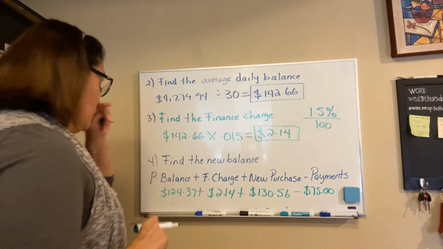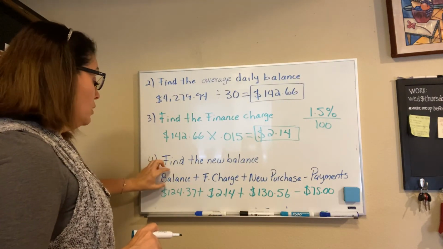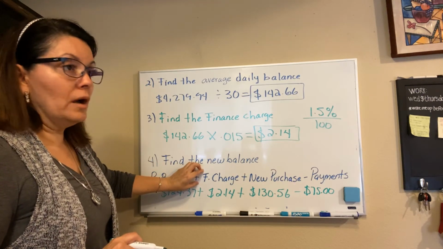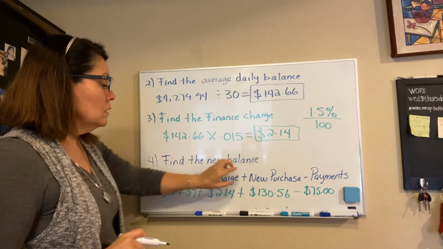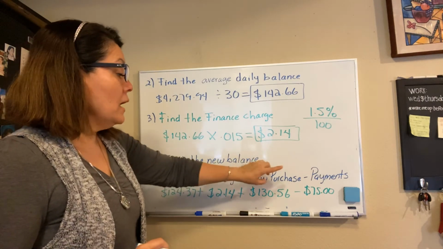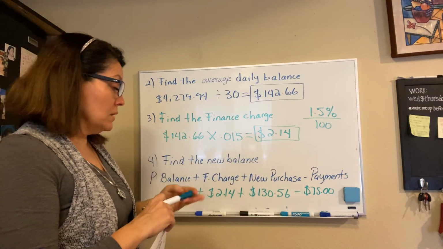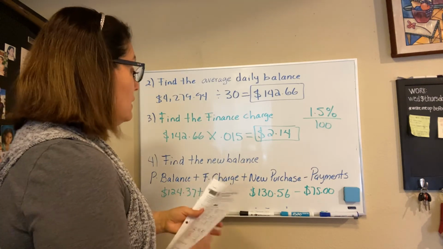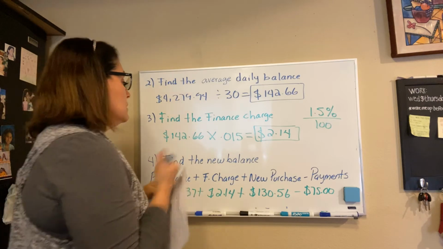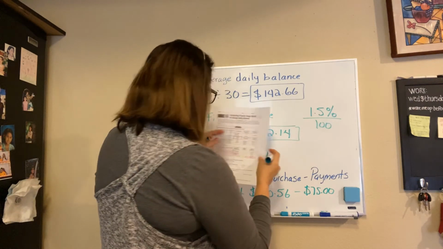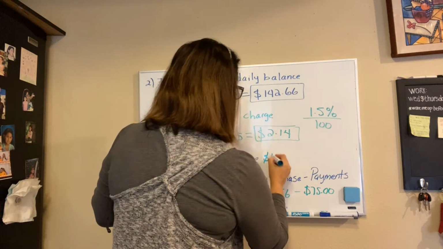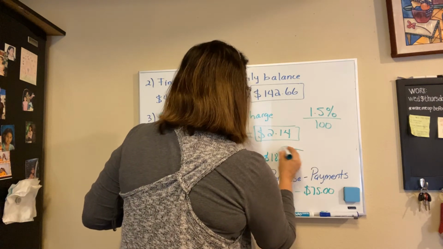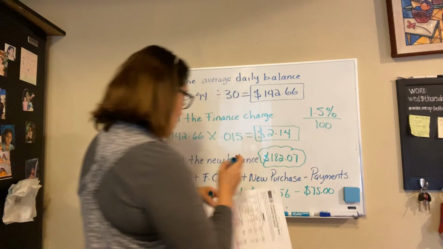So remember, it is the previous balance, you add the finance charge. Why? Because you have to pay that money as well, plus the new purchase and minus the payments. Once you add and subtract, at the end you're going to find the new balance, which is 182.07. That will be your new balance.